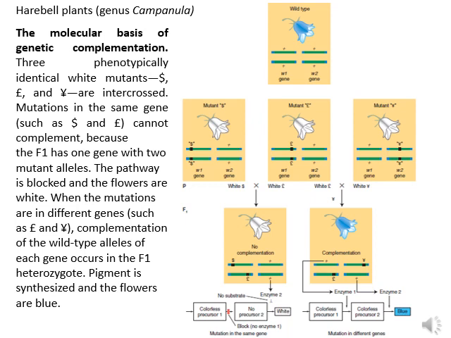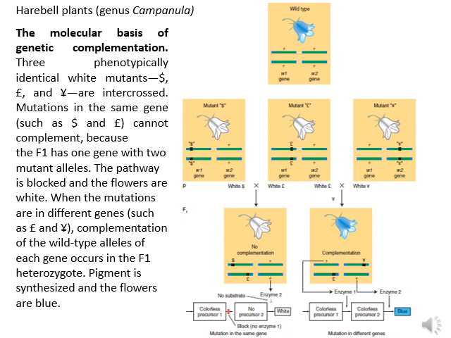So the enzyme 1 is still synthesized, enzyme 2 is also synthesized. So the multi-step reaction can occur, which is catalyzed by these two enzymes, and the blue colored pigmentation is produced. How has this occurred? Because the mutations were present on two different genes, they were able to complement each other, yielding the wild type phenotype in the next generation.